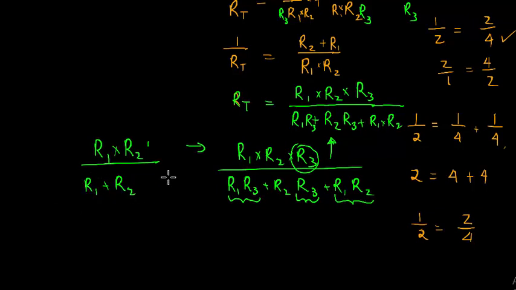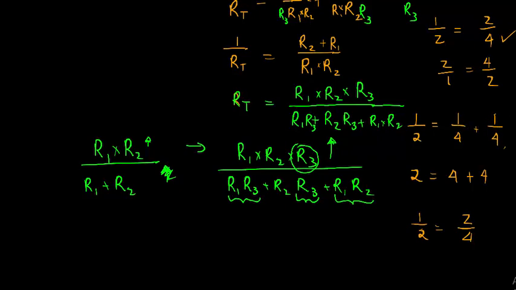So here the denominator has increased much more than the numerator. The numerator was only multiplied with R3. The denominator was multiplied, every term was multiplied with R3, and we had an additional factor of R1 times R2.